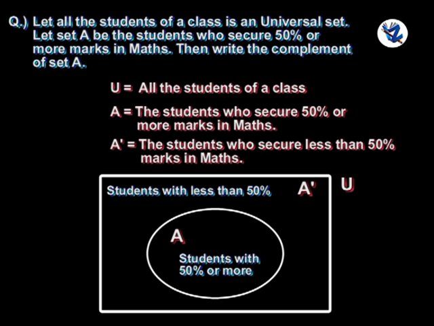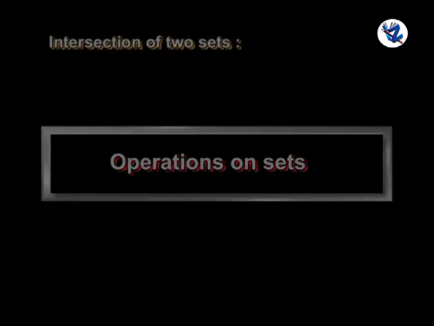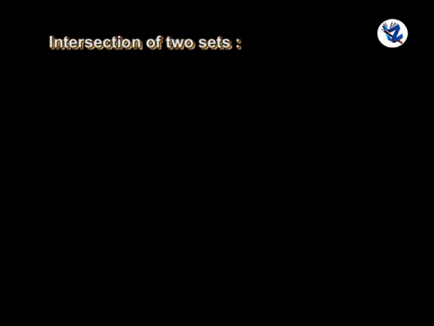Now let's solve this same problem using Venn diagram. Here U is 125, set A has 80 students, set B has 60 students. Now the students who drink both tea and coffee are 20, therefore we'll write down 20 here.